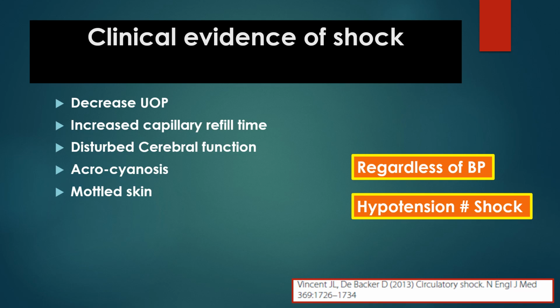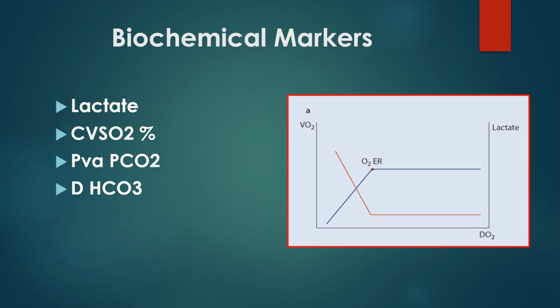So the literal definition of blood pressure is not a requirement for the definition of shock, but you have to have clinical evidence of tissue hypoperfusion and laboratory or biochemical markers of it. A great example of these biochemical markers is lactate. When lactate increases above 2, and the more it goes above 2, it indicates tissue hypoperfusion. A lactate level of 4 and above is highly linked with mortality.